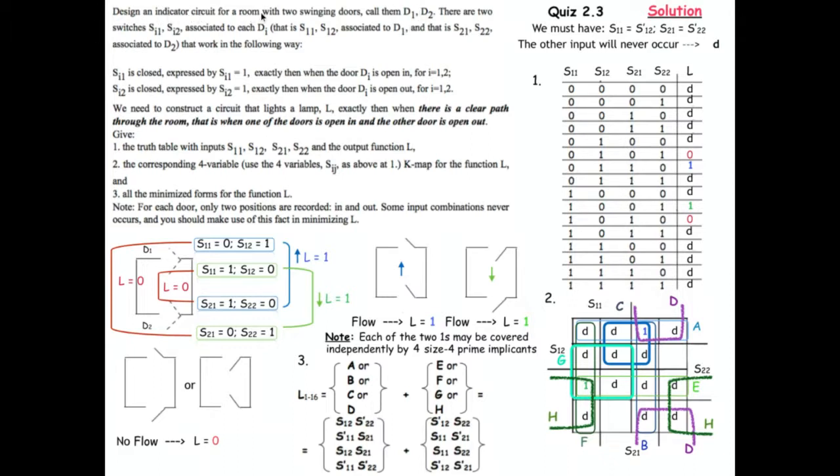So we're designing an indicator circuit for the swinging doors, D1 and D2. So each door has 2 switches, all right, that work in the following way. If one is, let's say, 1, and the other is 2, then D1 is open in.